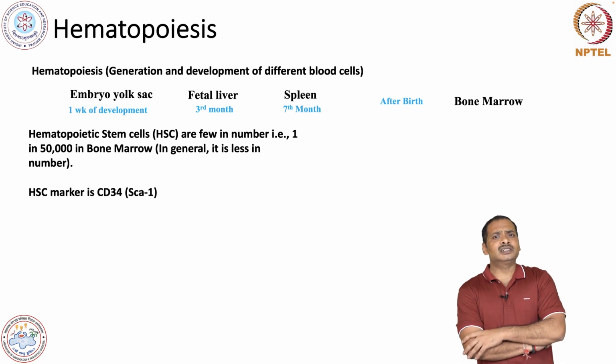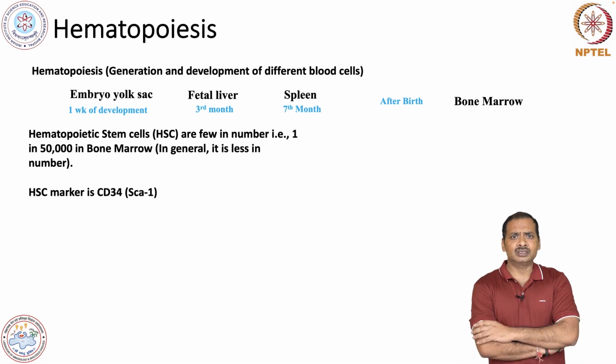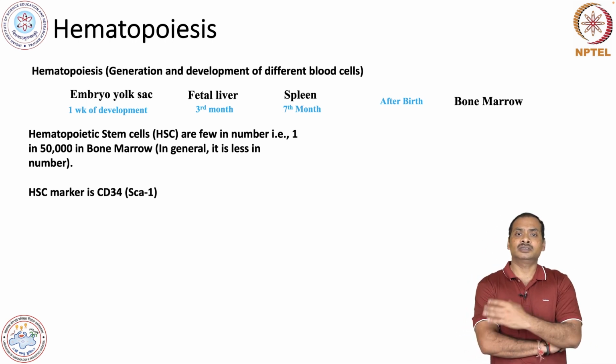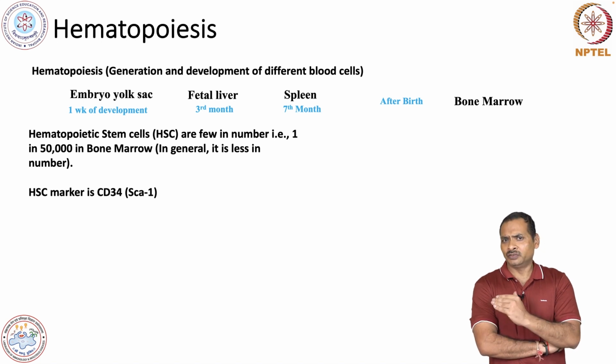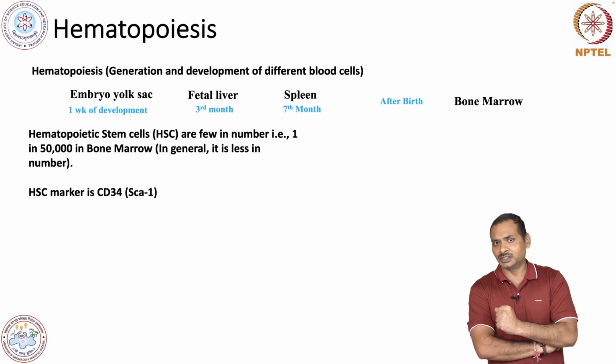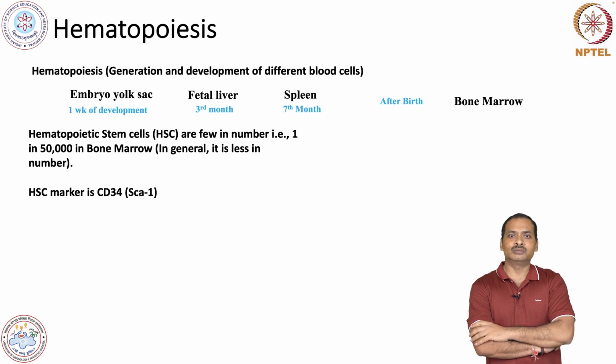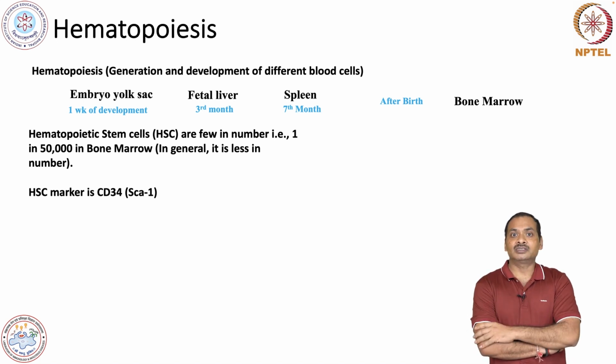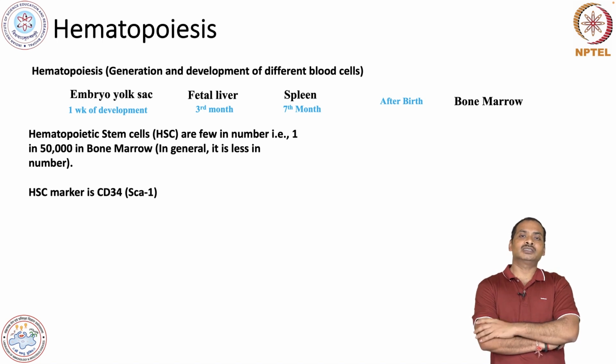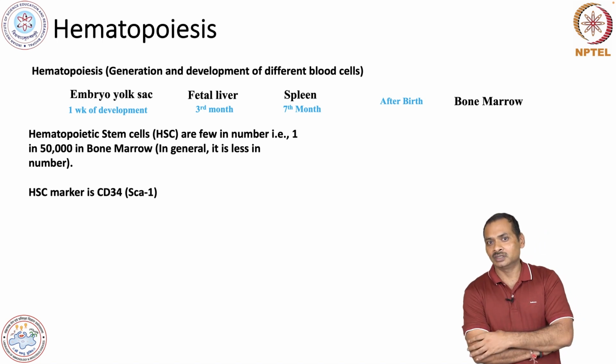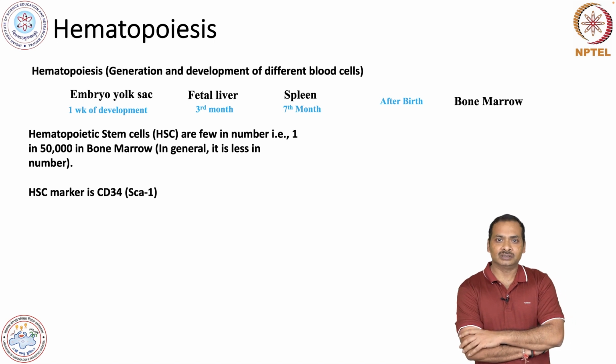These cells have some unique markers, and these markers play a very important role in isolation. So, after the discovery of this unique marker, now we can isolate the hematopoietic stem cell, and we can use it in various kinds of therapies. Okay.